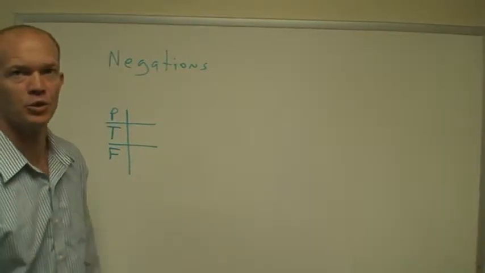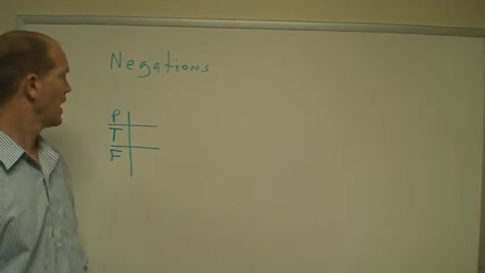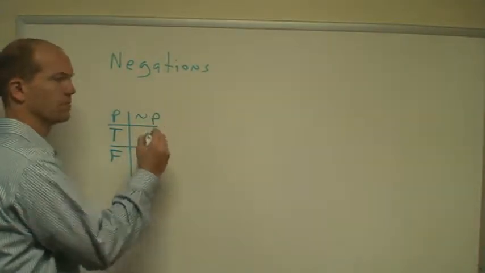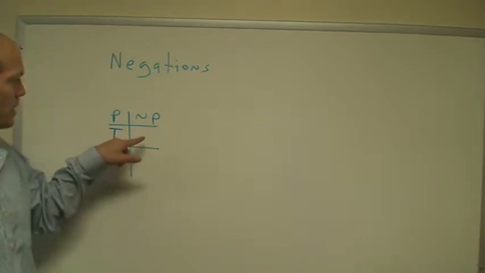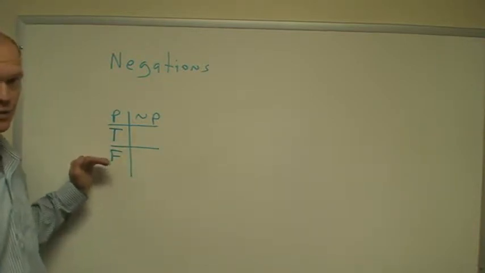Let's look at how to set up a truth table involving negation. We'll start with the standard table for one statement and add a column for the negation. And I'll write the negation of P here. Now, let's look at what the truth values of the negation of P would be in each of these cases, that is, in each of these rows.